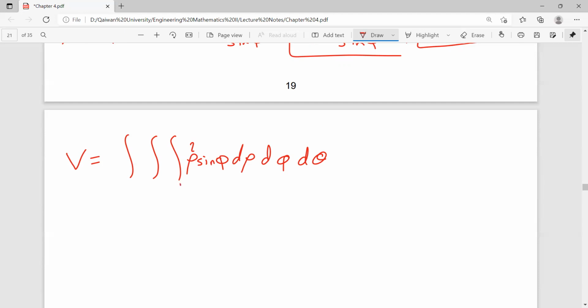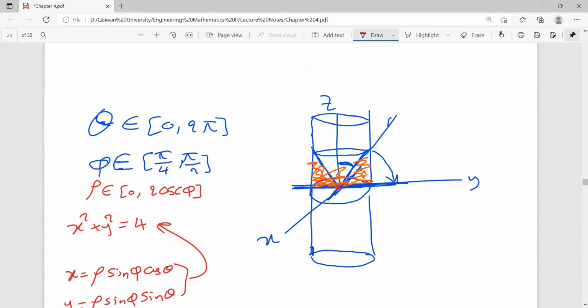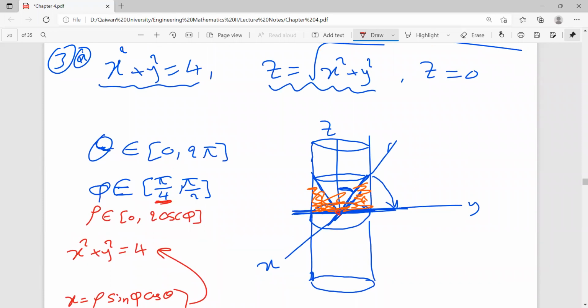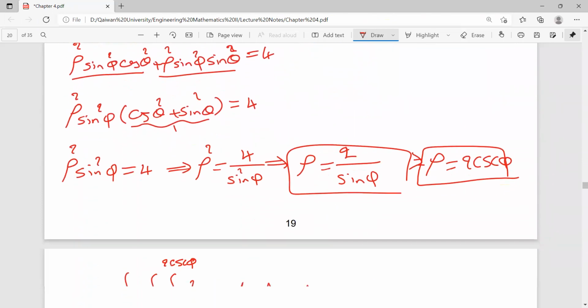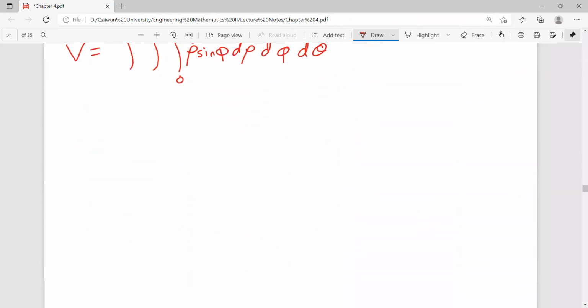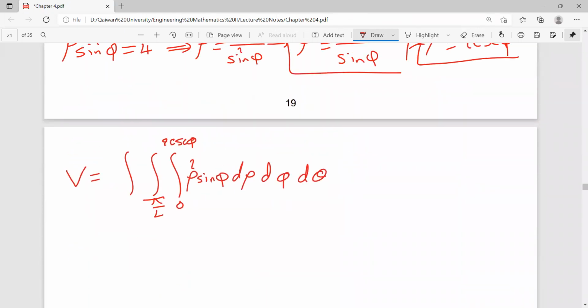Rho is from 0 to 2 cosecant phi, or 2 over sine phi, and phi is from pi over 4 to pi over 2. And theta is from 0 to 2 pi. That's all. This is the triple integration in spherical coordinates.